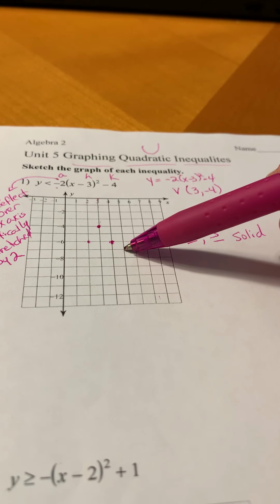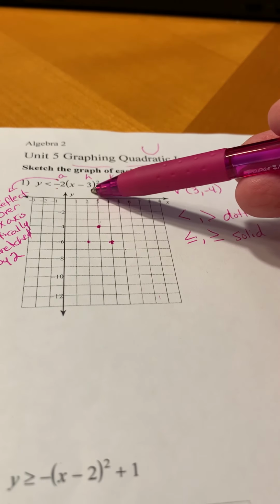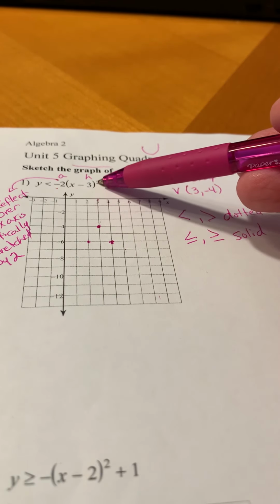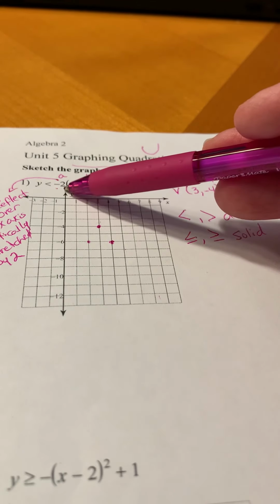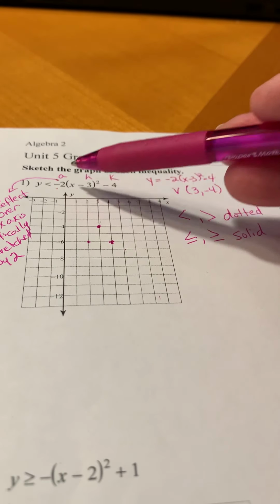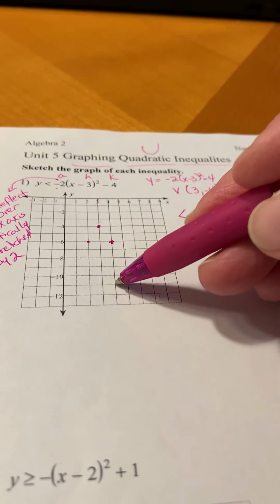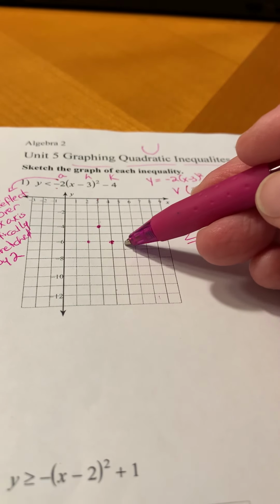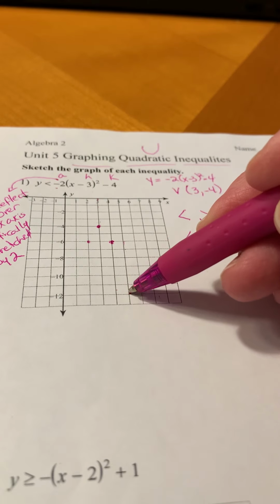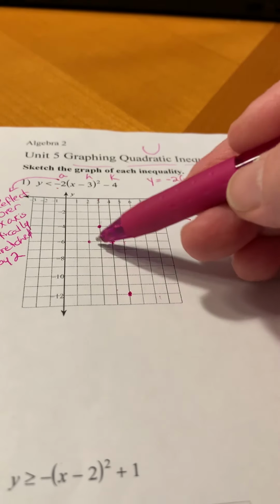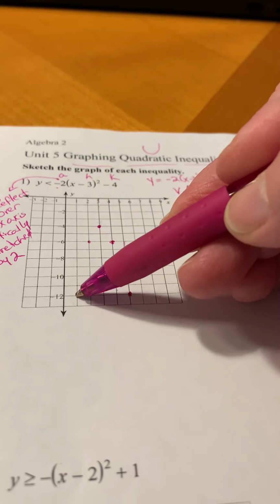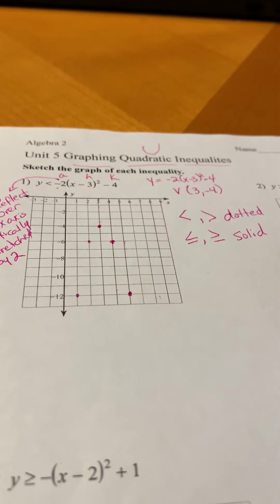When x is 5, 5 minus 3 is 2. 2 squared is 4. 4 times -2 is -8. -8 and a -4 would be -12. So we're going to come down here, at 5 it will be -12. So over here on the other side at 1, it should also be -12.